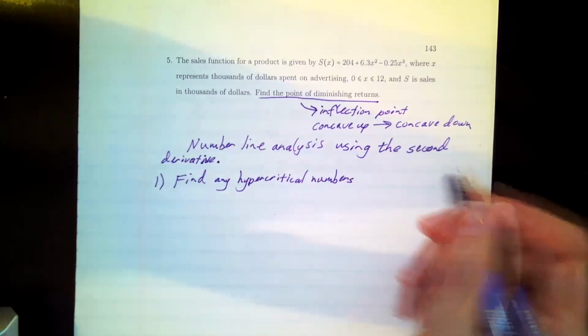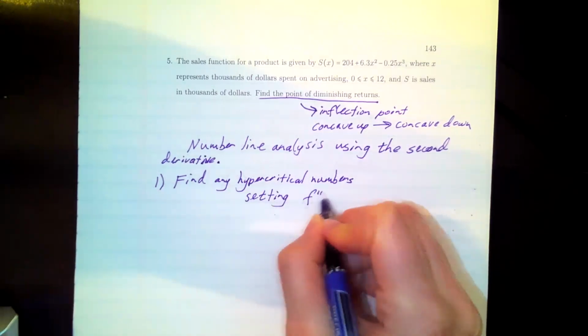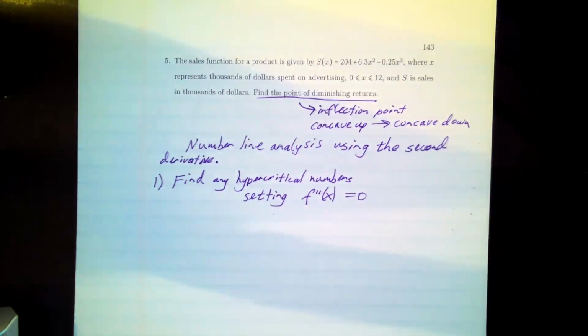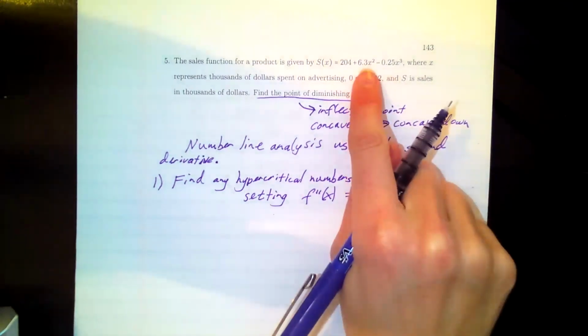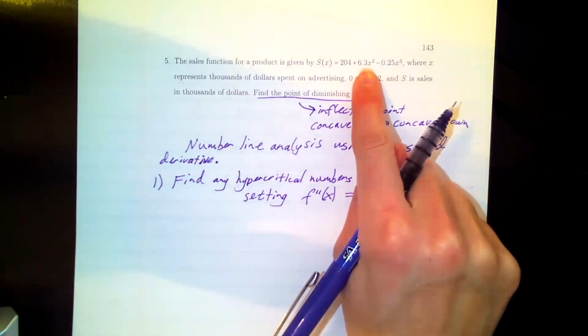And you get hypercritical numbers by setting not the first derivative, but the second derivative equal to 0 and solving. So we have an outline of what we're going to do. What I'm going to do is find hypercritical numbers of this function by taking the second derivative and setting it equal to 0. And then I'm going to do a number line analysis and show that the concavity changes.